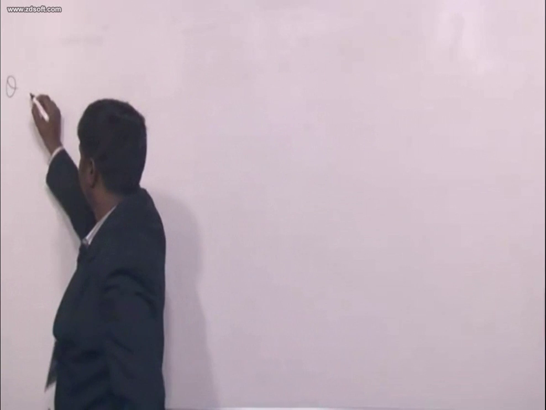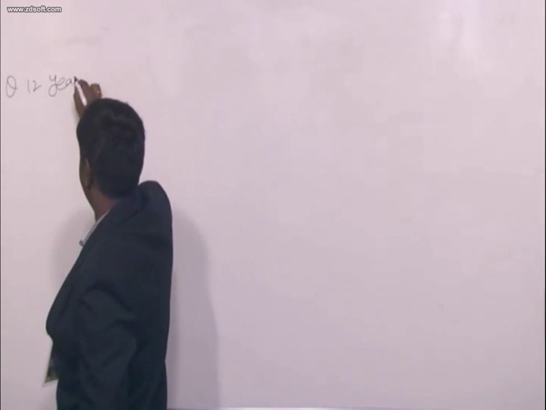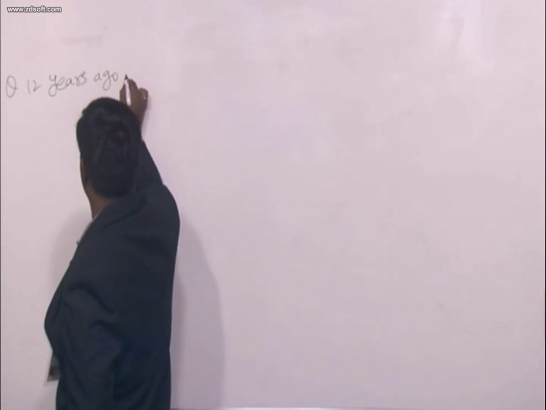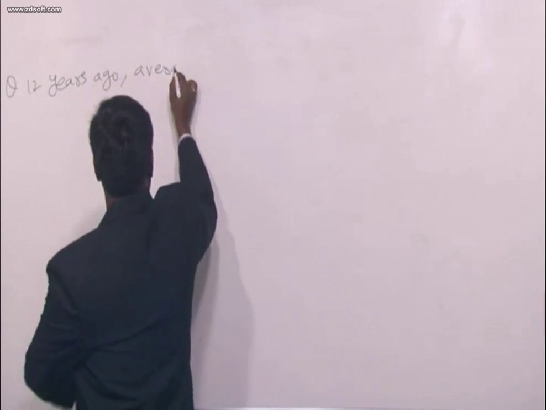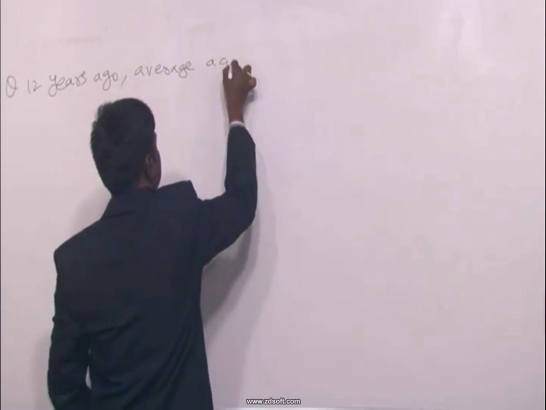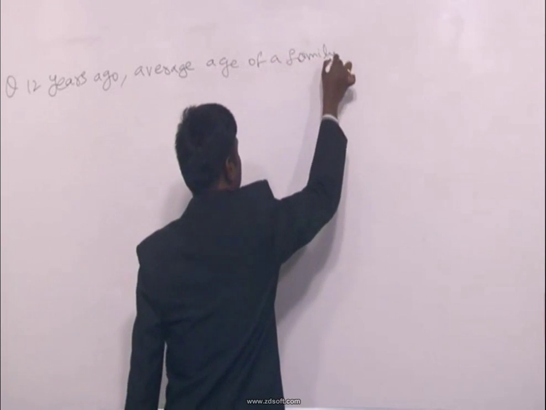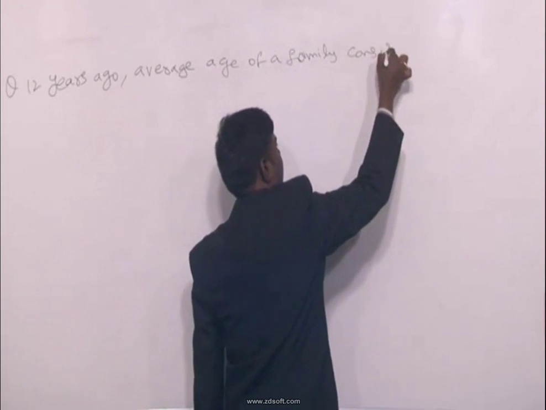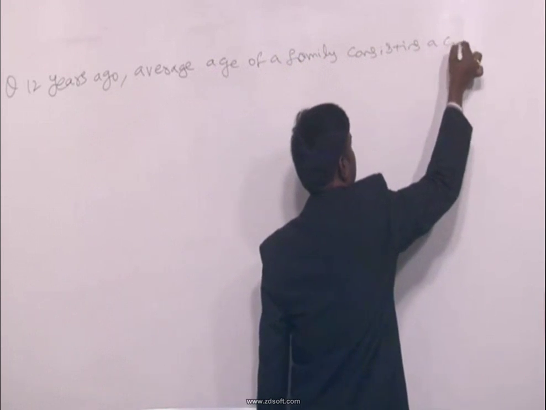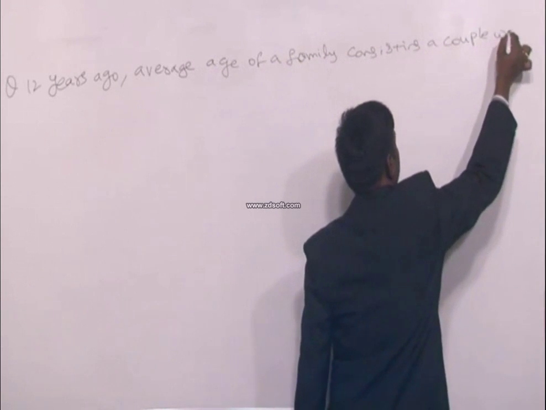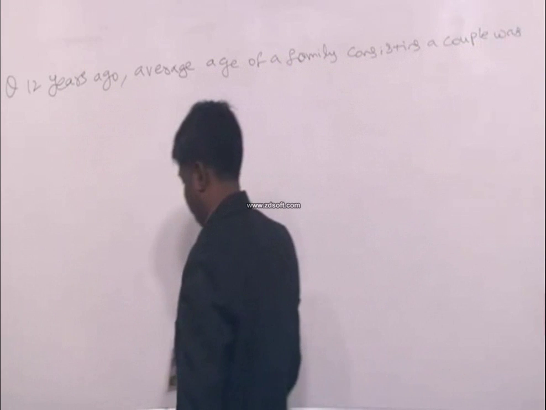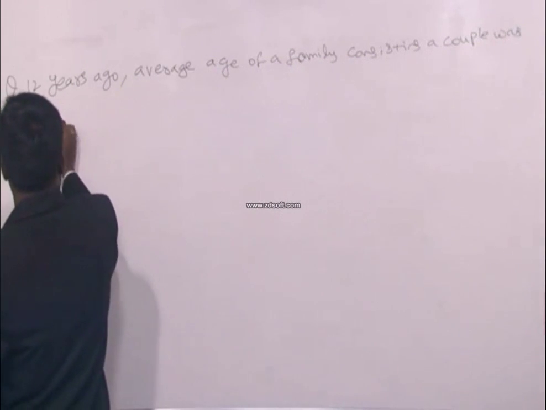Okay, 12 years ago, the average age of a family consisting of a couple was 20 years.